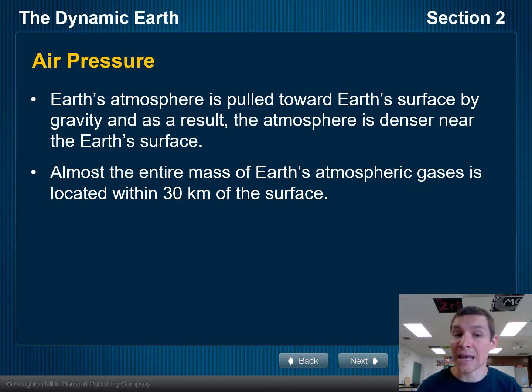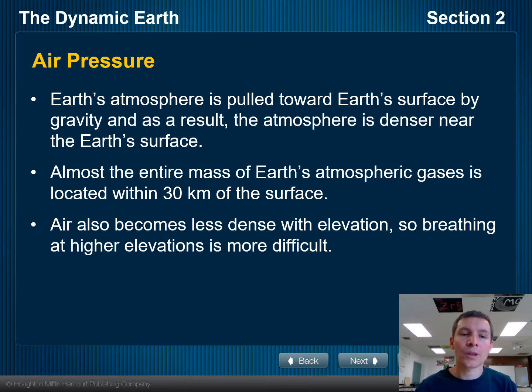Almost the entire mass of Earth's atmospheric gas is located within 30 kilometers of its surface, where it can be denser. Also, air becomes less dense with elevation, so that makes breathing more difficult at higher elevations.